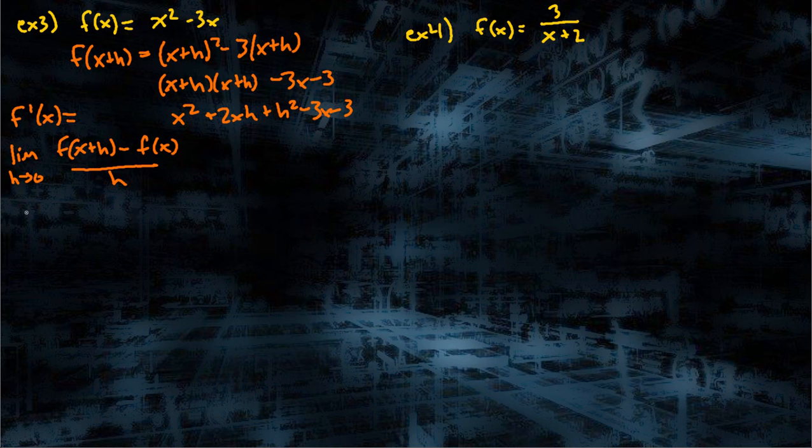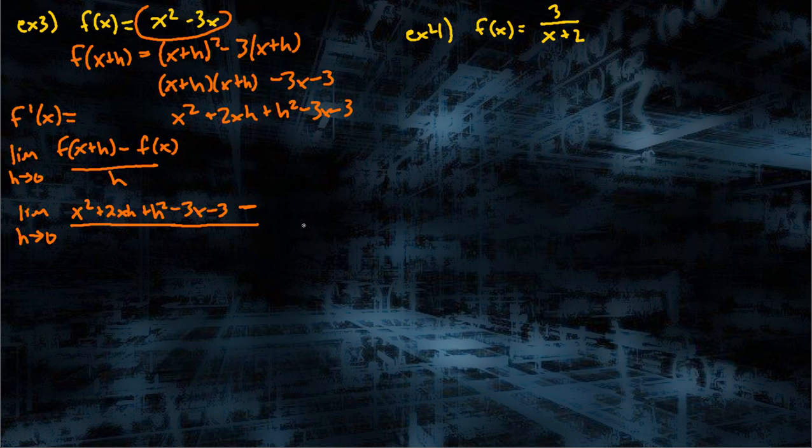So equals the limit as h approaches 0. And we'll go ahead and take all of that, put it in for this. So x squared plus 2xh plus h squared minus 3x minus 3h. Now, minus, be very careful with that minus. Minus all of that, because f of x is that.